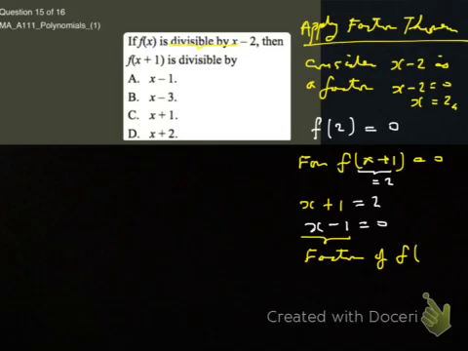Hence, in this case, x minus 1 is equal to 0. So the factor here will be x minus 1. So it should be minus 1, okay? Right, so the answer here is A.